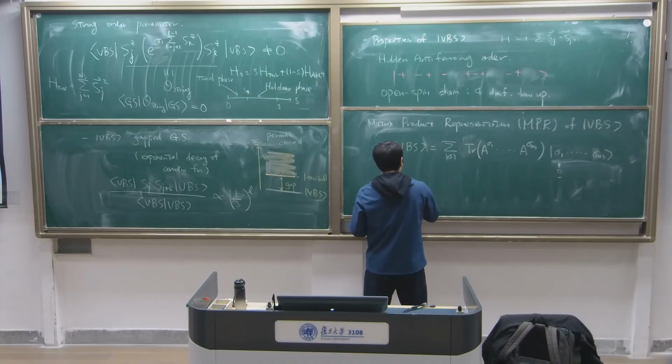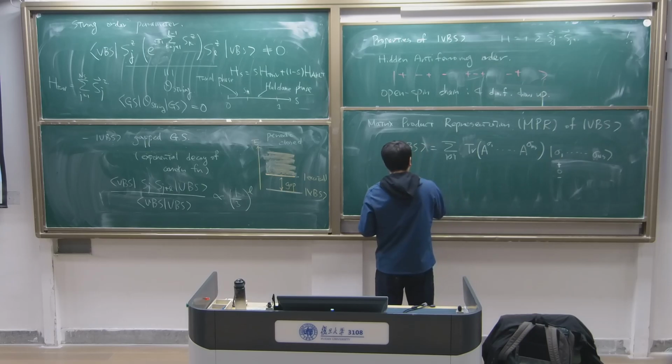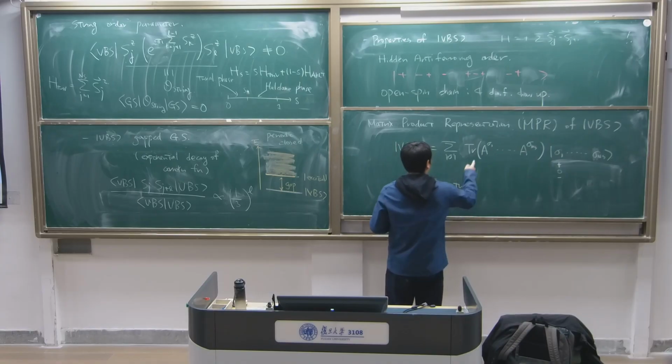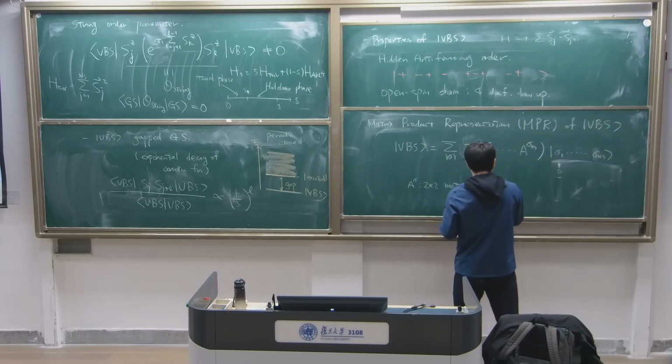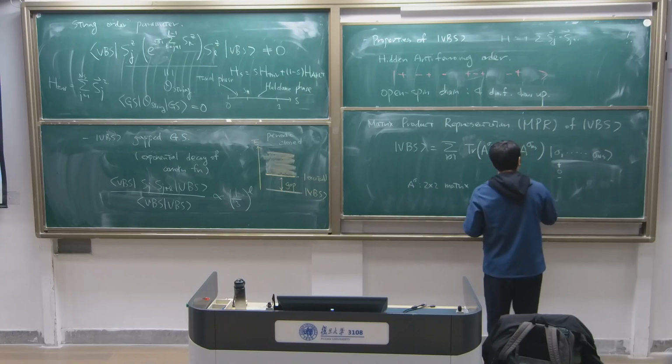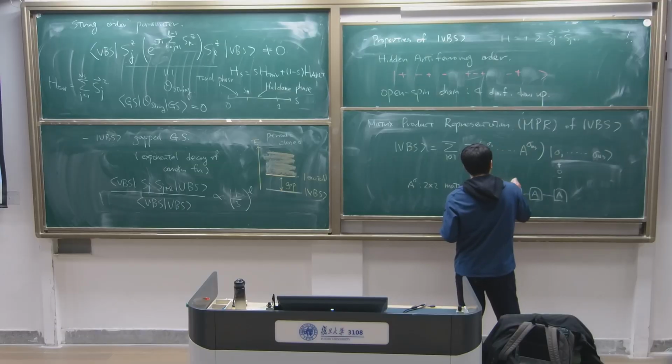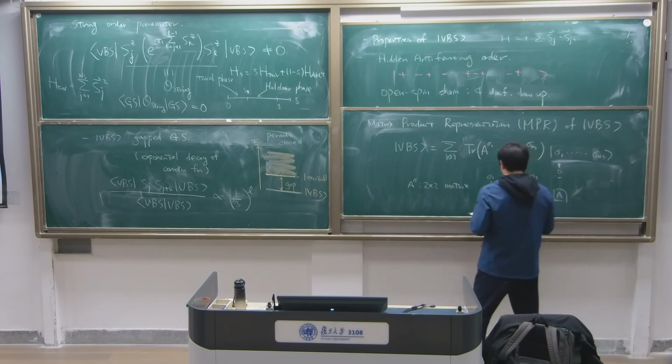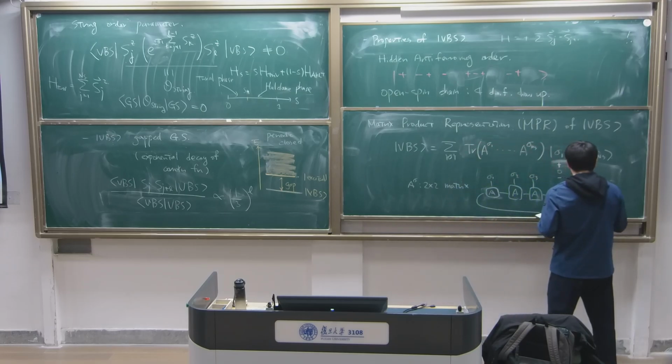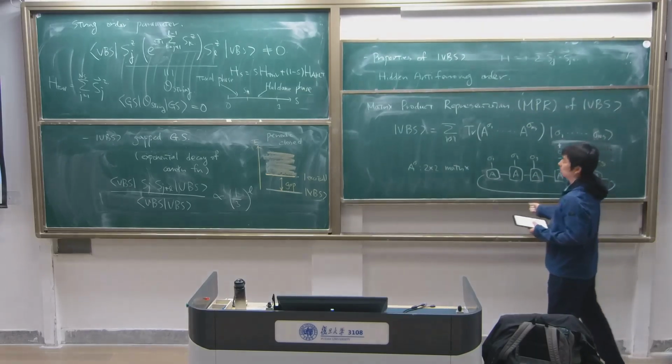So schematically we just write that A is a 2 by 2 matrix, and this state can be understood as something like this. It's a 2 by 2 matrix.